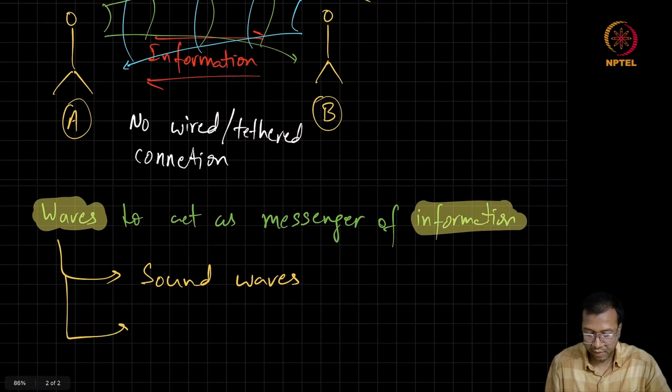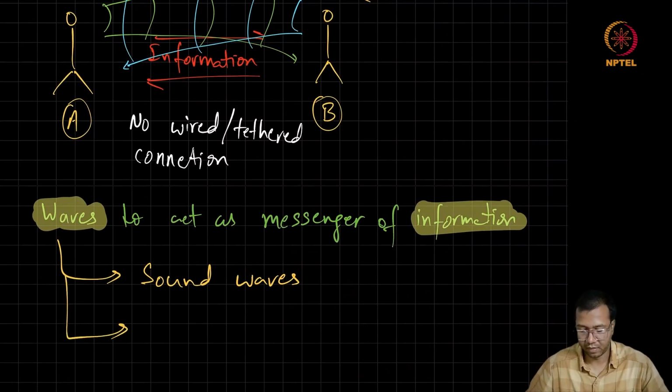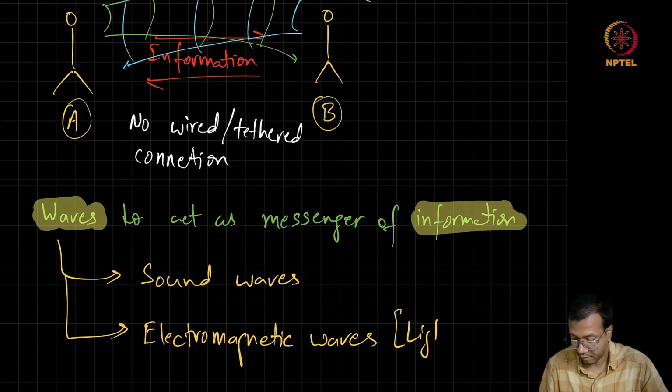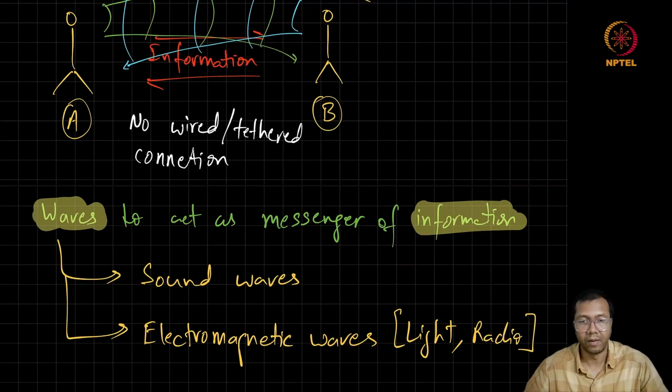In addition to sound waves, another very practical way to send information wirelessly is with the help of electromagnetic waves, in the form of light, in the form of radio waves, which you must already be familiar with.